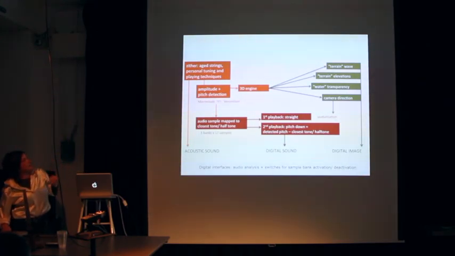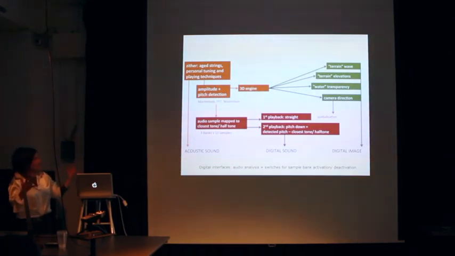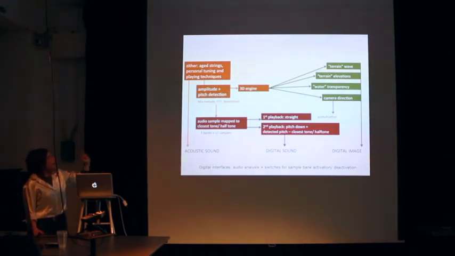And audio-wise, I will elaborate a bit on the audio processing. It analyzes the input, it calculates the closest tone and half tone, and it plays back a sample, an audio sample, pre-recorded, usually from the zither, but also from sounds of nature.